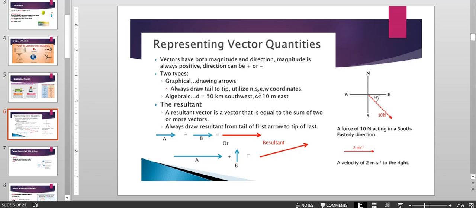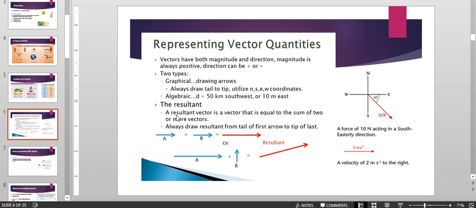Utilize NSEW coordinates, that is north, south, east, and west. And the second way to represent vector quantities is the algebraic way. For example, displacement is equal to 50 km southwest or 10 meters east. This is the magnitude and this is representing the direction of the object.